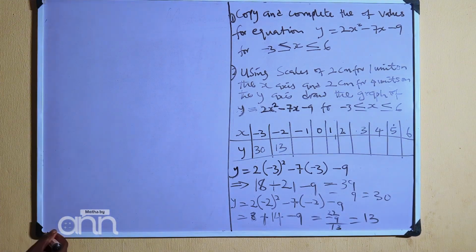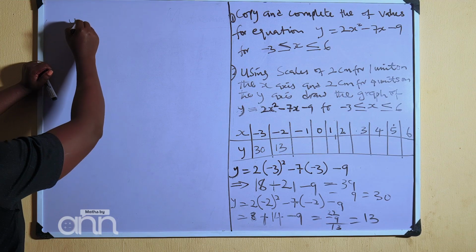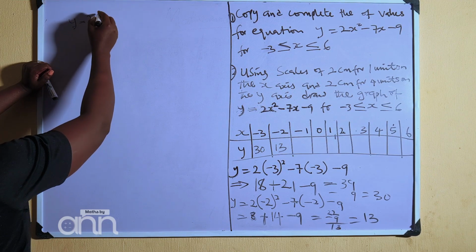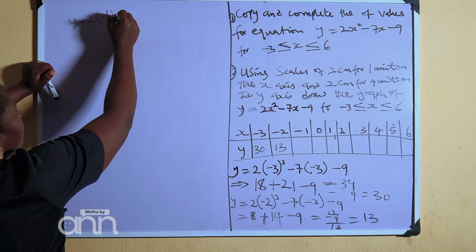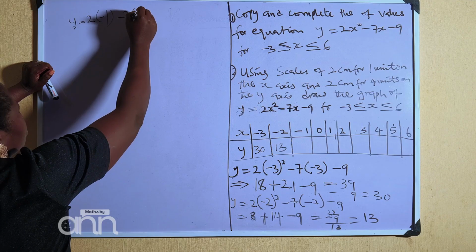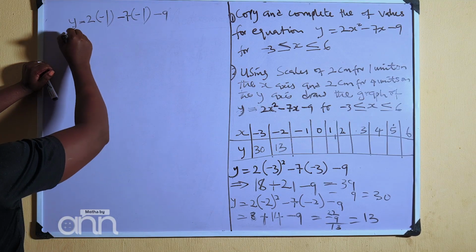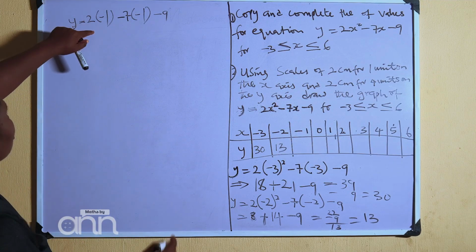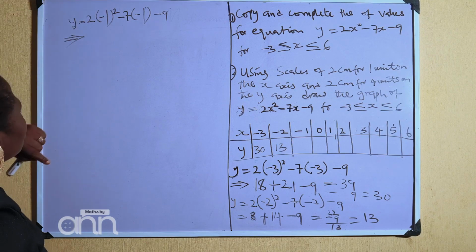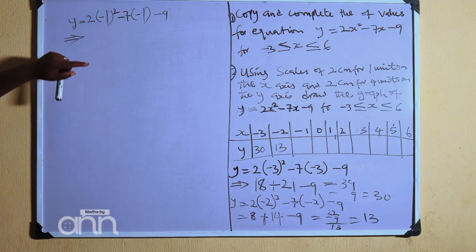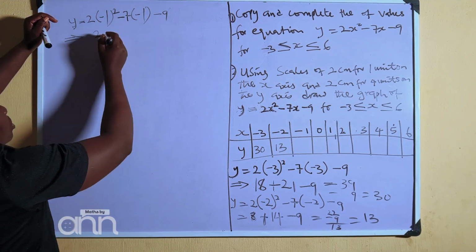Come to this side. y equals 2 into minus 1 squared, minus 7 into minus 1, minus 9. 2 into minus 1 raised to power 2 is 1. 2 multiplied by 1 is 2.